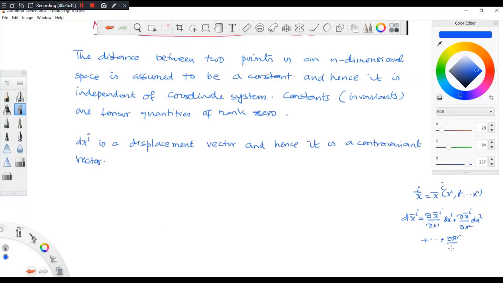What is this in the summation convention? dx bar i is equal to del x bar i by del xk dxk. Using the Einstein summation convention, I can put it like this.